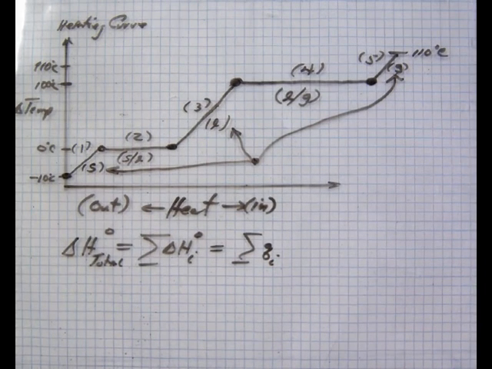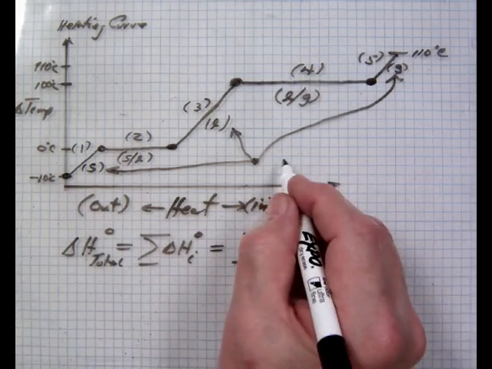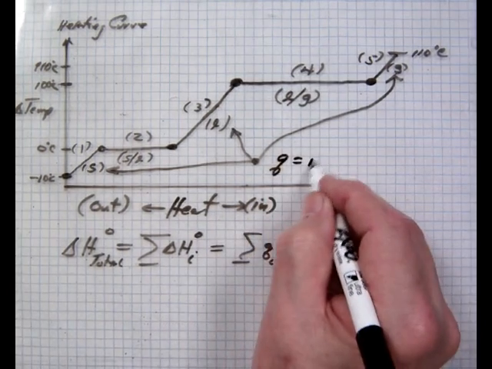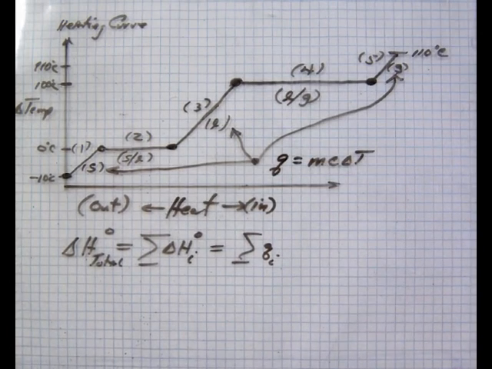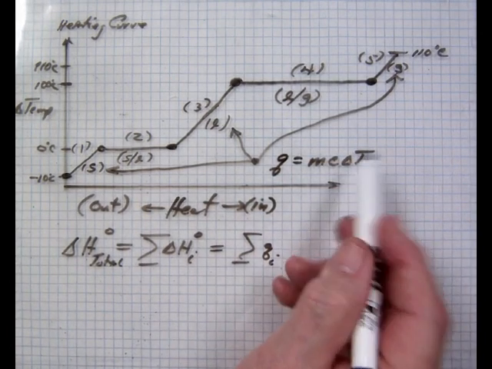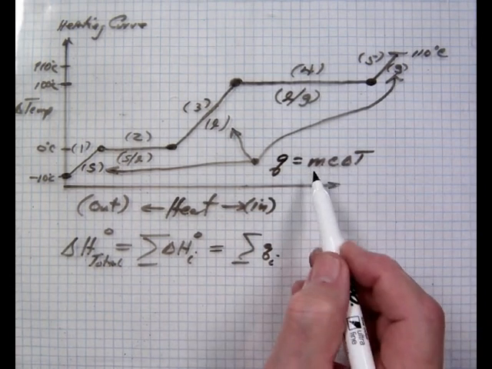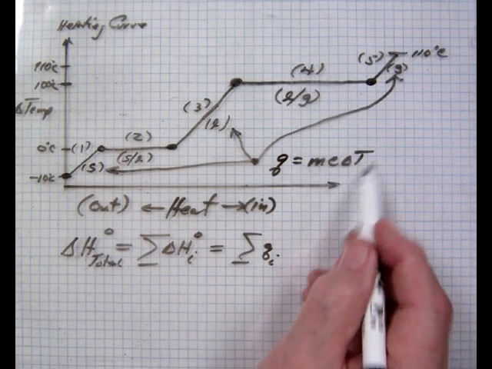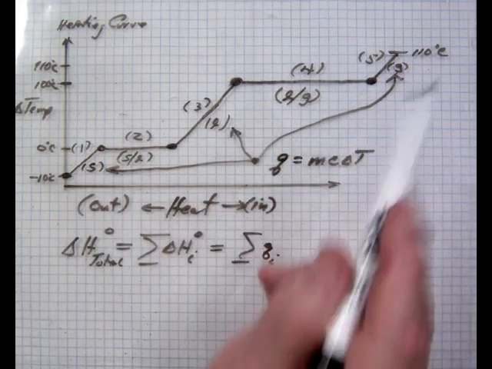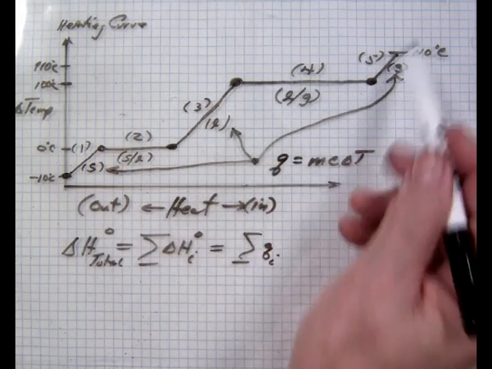If it's a pure condensed phase, you will use Q equals MC delta T. It's got temperature change in it. M is the mass in grams, C is the specific heat, and delta T is the temperature change measured. Here's 10 degrees, 100, another 10.